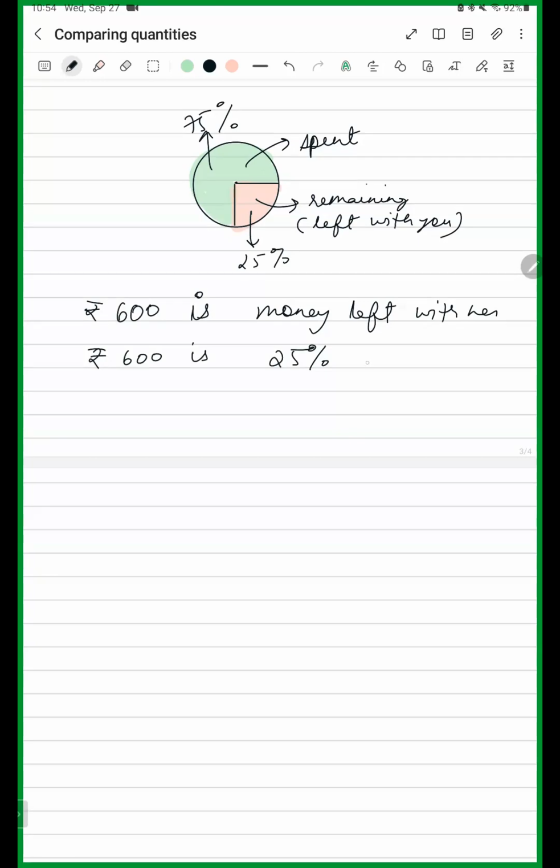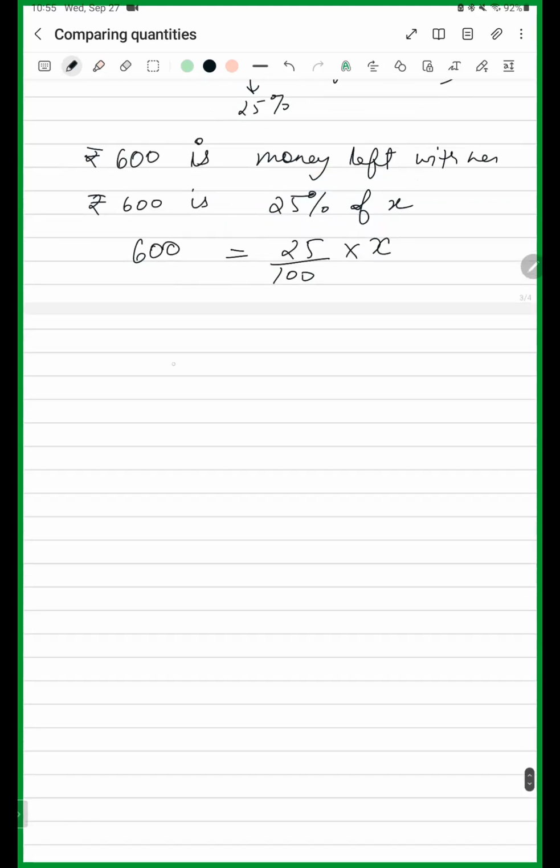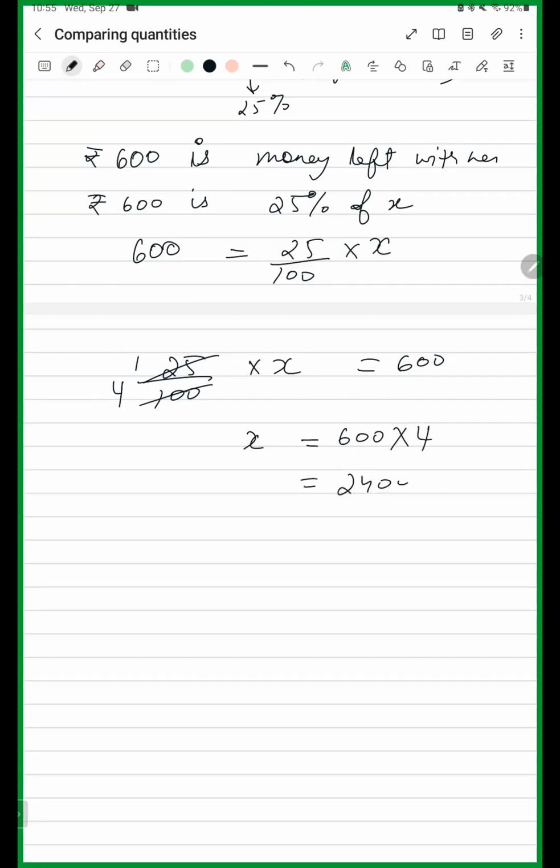Of X. So translate this into mathematical language. 600 is equal to 25 by 100 multiplied by X. Or the same thing, 25 by 100 multiplied by X is equal to 600. 25 fours are 100. X is equal to 600 into 4, which is 2400 rupees.